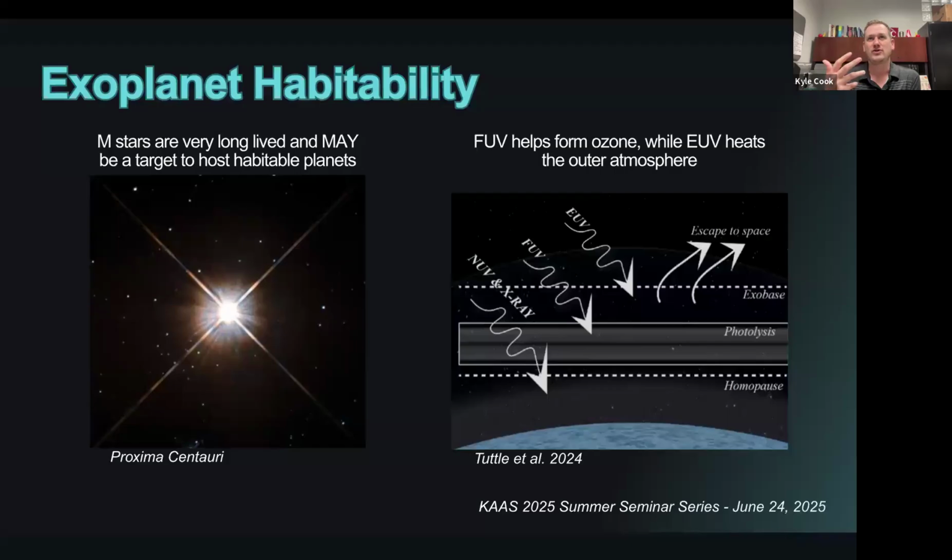So the question arises, could a planet survive around an M star? Or does the atmosphere just get boiled off, cooked off, and everything killed before you can develop, before you can actually survive and evolve?